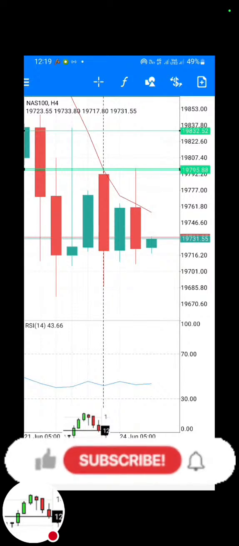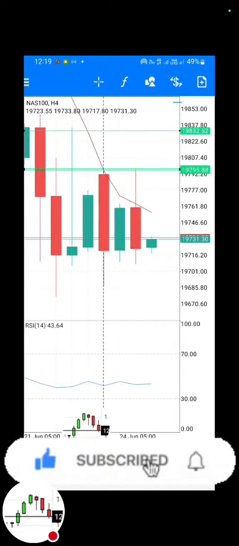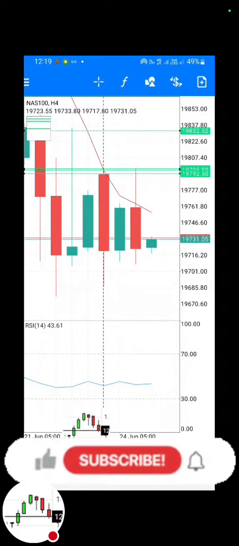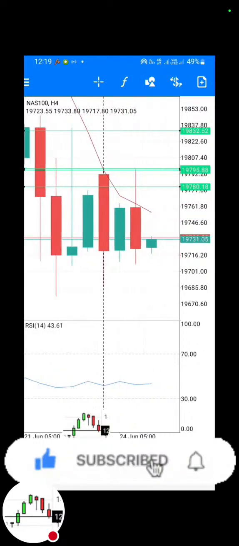It depends on you. Stop loss must be far from your opening position. So I place my trade somewhere around here. I know the market will try to reach at least this level. After reaching, it actually reached this level. You can see the red candlestick, the last one. You can see. So it did reach here.